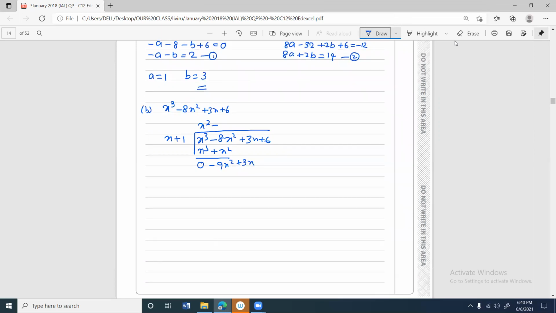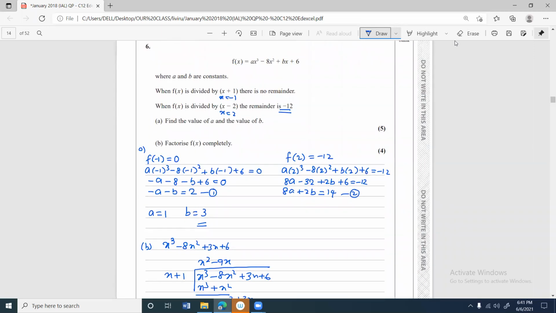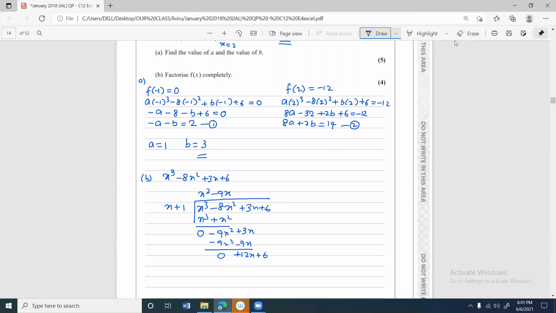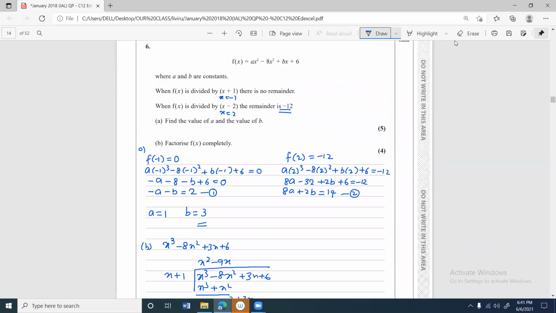Plus 3x, it turns out to minus 9x minus minus 9 is 12. Plus 6, but it cannot be like this. Some problem has arisen. Let me see whether I have made any mistake over here.